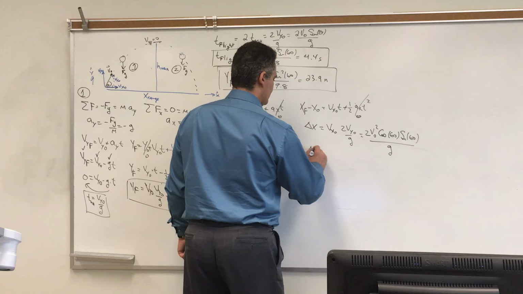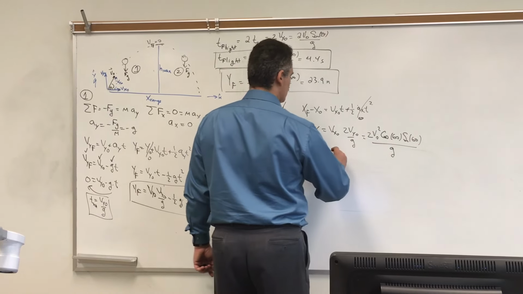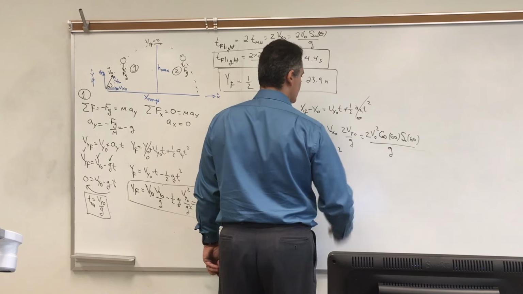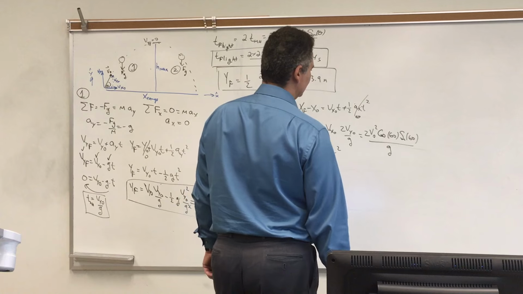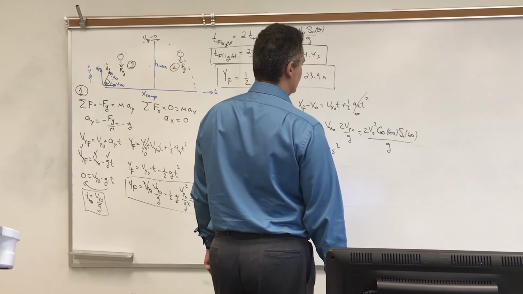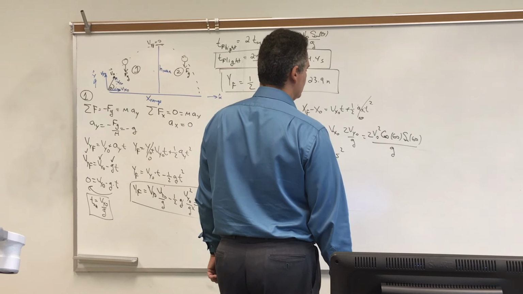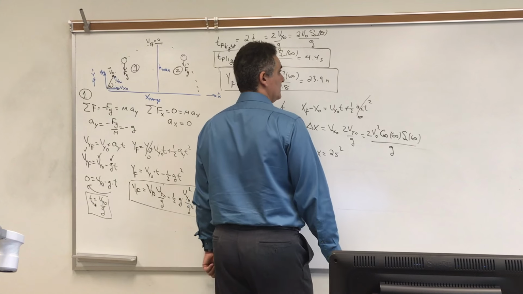So this distance downrange equals 25 squared. So what's this? Sine of 60. So what is that? Is that 2 cosine 60? So it's the sine. Is it the sine, cosine?